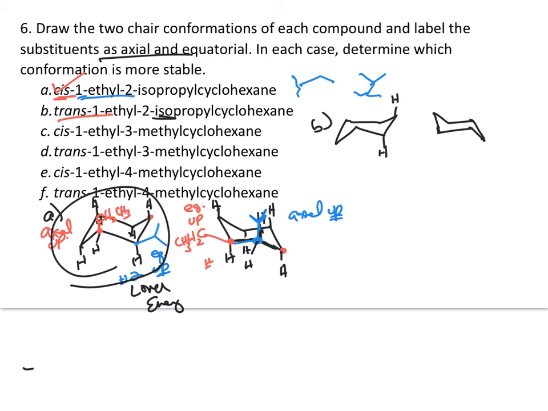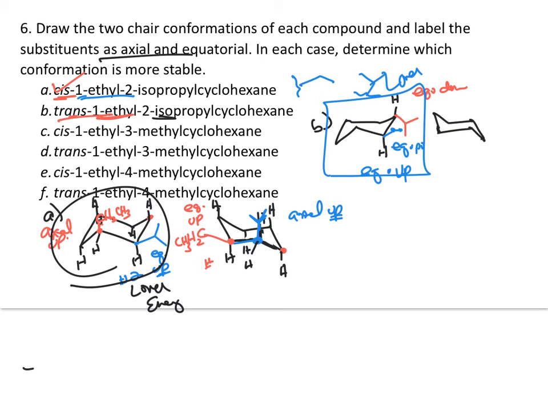So if you do the isopropyl equatorial down, then this would have to be trans, so you're going to have to go up, and it's on carbon number 1, so this is the ethyl, and it's equatorial up. Now, with both of your substituents in the equatorial position, this is going to be your lower energy.